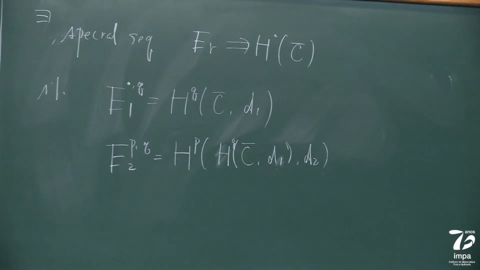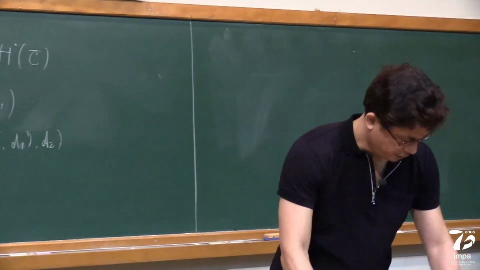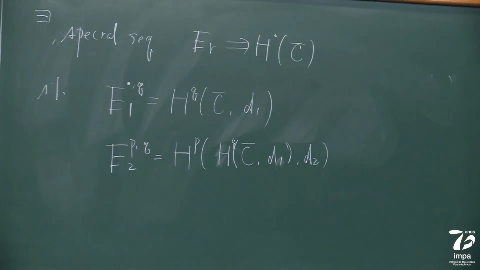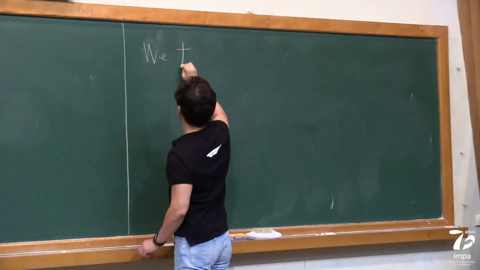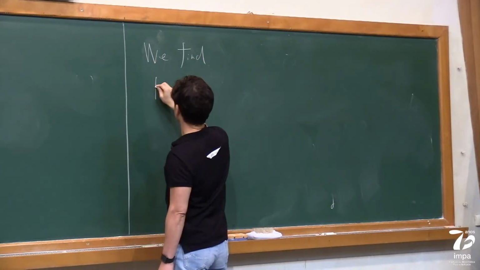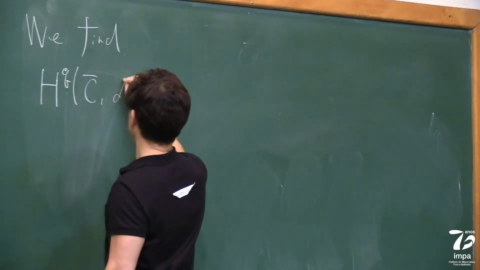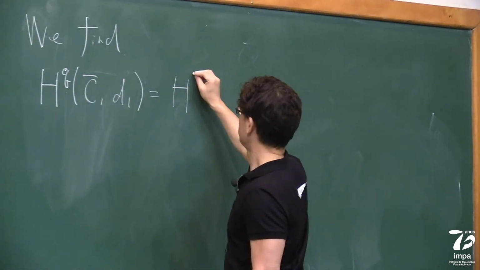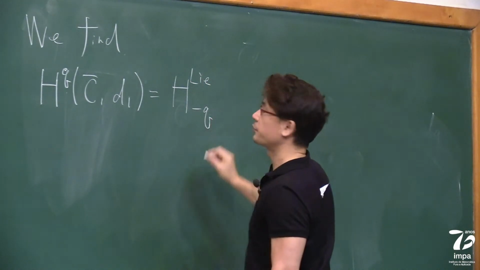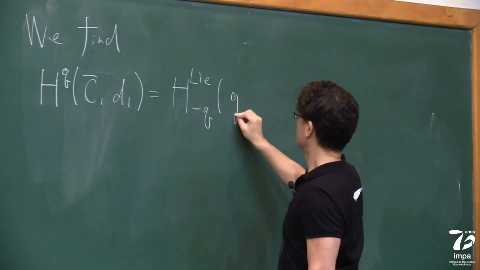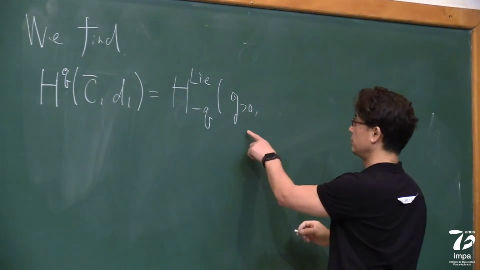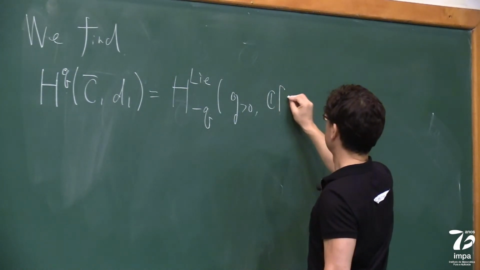And if you look at what d1 is, then we find that this E1 term, which is cohomology with respect to d1, is the algebra homology or Koszul homology with respect to the action of G positive that appeared yesterday.